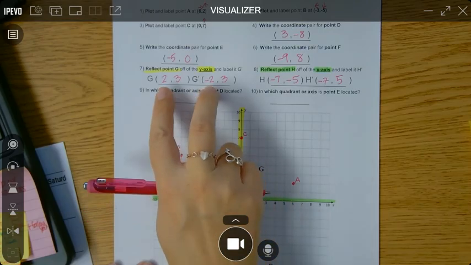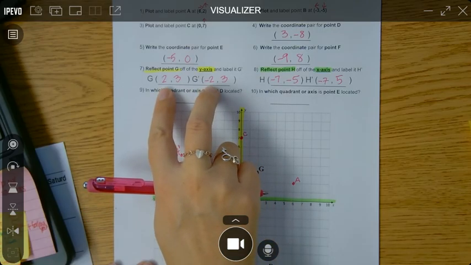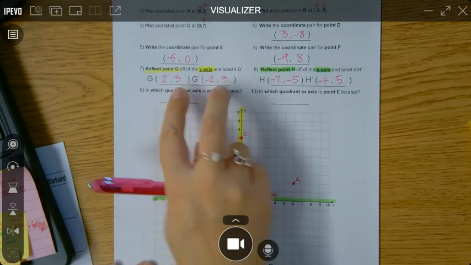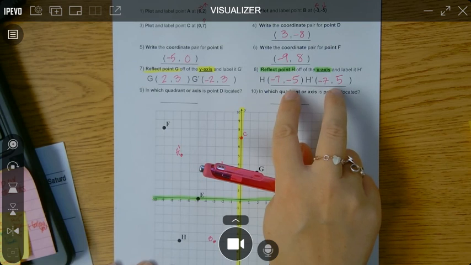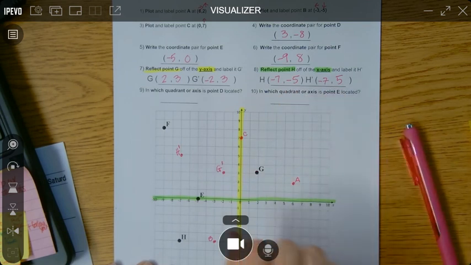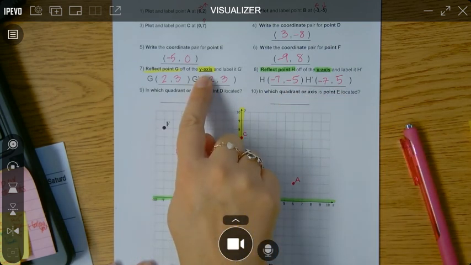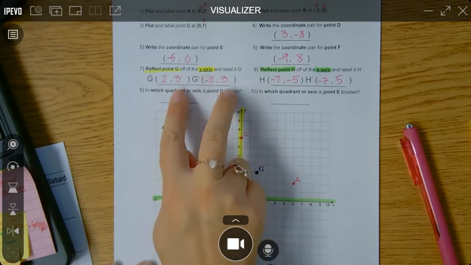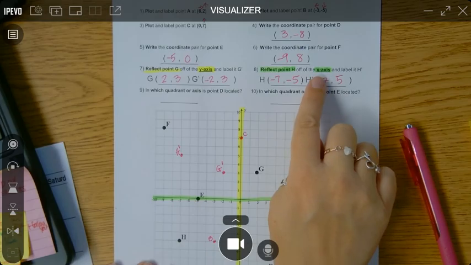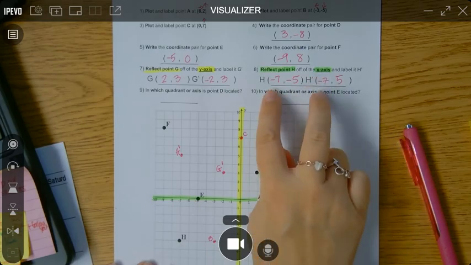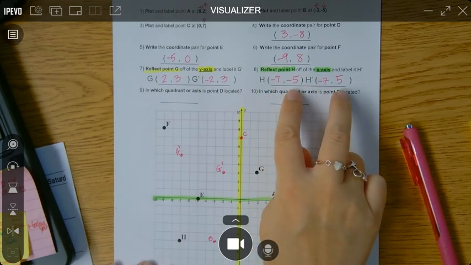Yeah, your X value is still 7 and your Y value is still 5. But notice that when you reflect it over the Y axis, the Y's stay the same, but your X's change signs. And when we reflect it over the X axis, your X's stay the same, but now your Y's change.